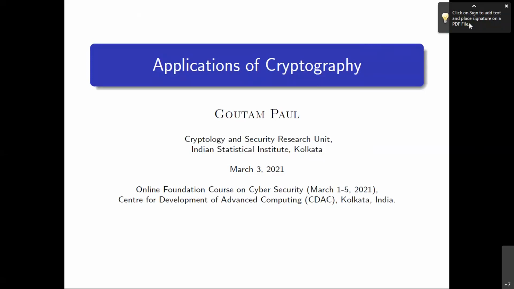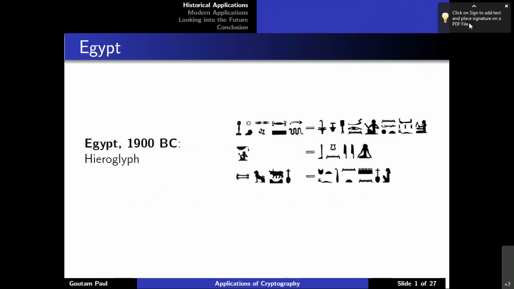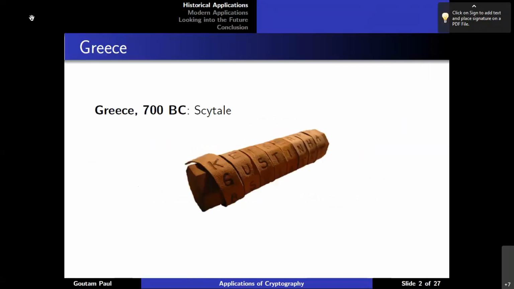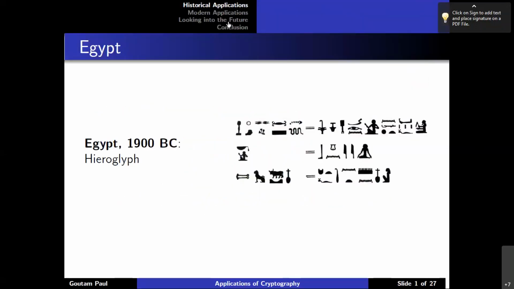So let's proceed. I'll start with, there are four sections to my topic. First one is historical introduction, historical applications. Then I have modern applications, then looking into the future, and then conclusion. Okay, so first, historical application.